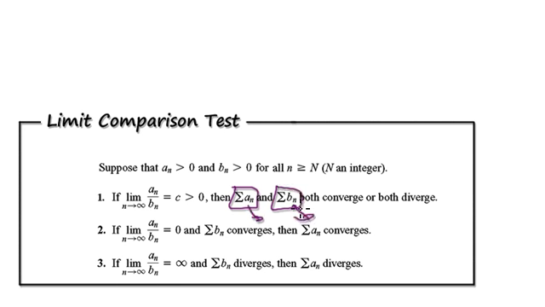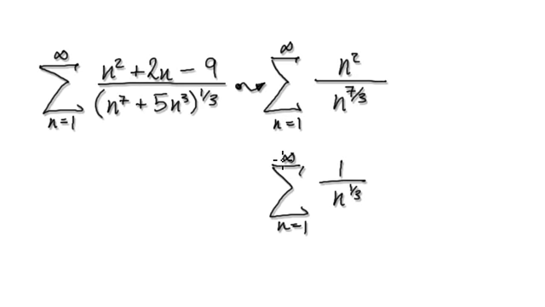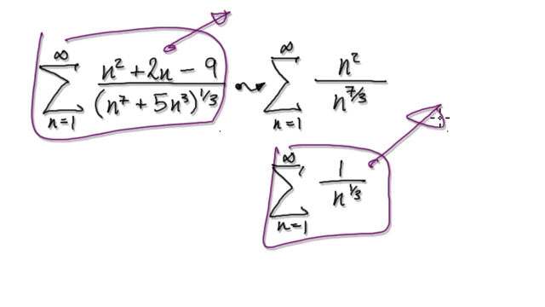If this converges, this will also converge. If this diverges, this diverges. But we know that our bn here diverges. So therefore, our an, which we know nothing about, must also diverge. Our series here will diverge just because this thing here diverges. Okay?